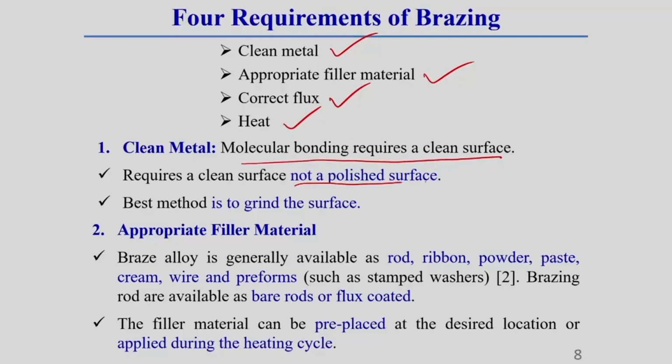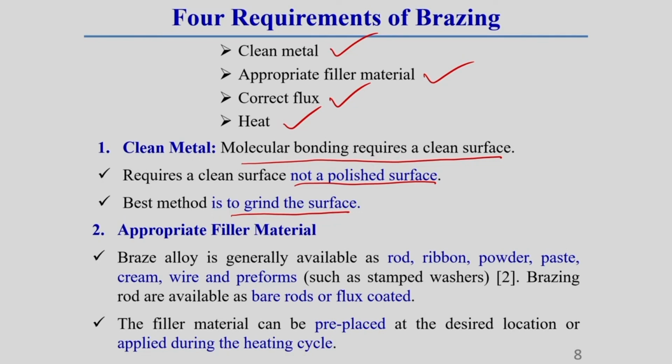But clean does not mean a polished surface. Always keep in mind, clean for the brazing process should not mean polished. It is better to use a ground surface. The best method for cleaning the surface is the grinding method.